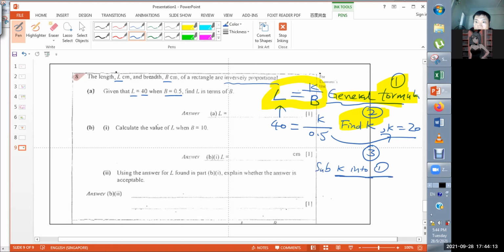So I sub my K equals 20 into 1, which is L equals K over B. So with 20. Done. What they ask is find L in terms of B. This is the answer. So this is step 3, sub K into 1. Basically step 1, step 2, step 3. That's how you get the answer.